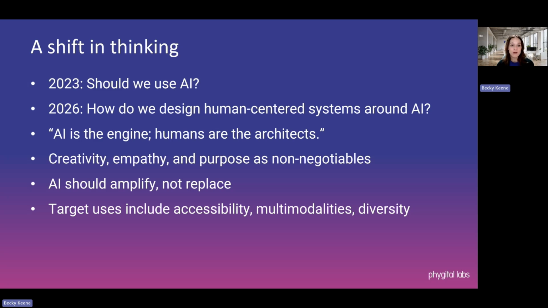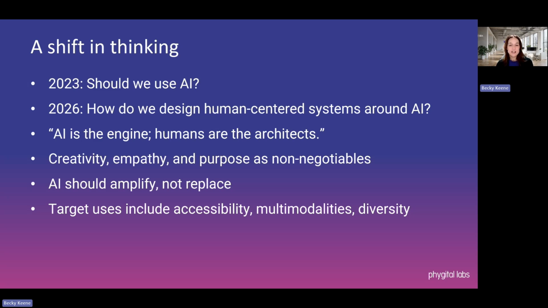Creativity, empathy, and purpose were all non-negotiables. These are things that were really shining in the generative AI conversations. We're no longer talking about how AI is more creative than people. We've kind of swung back into making sure that those human elements are focused on where they belong. Another big theme was that AI should amplify and not replace.